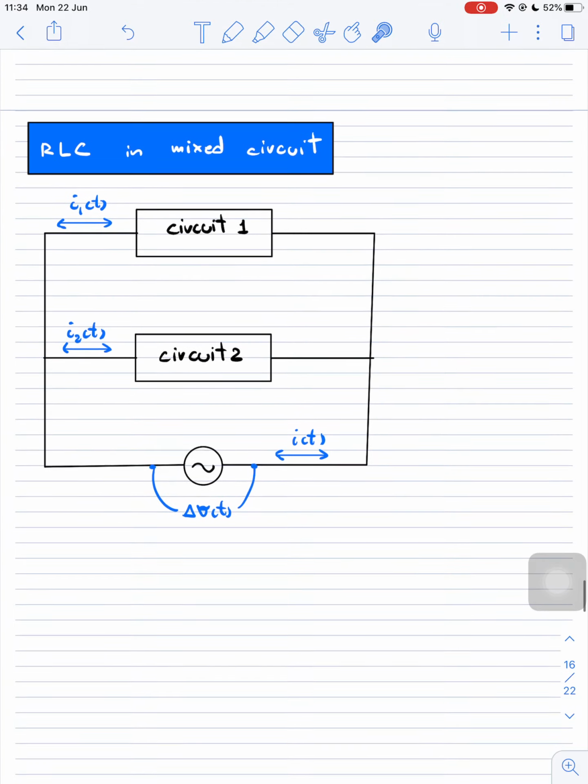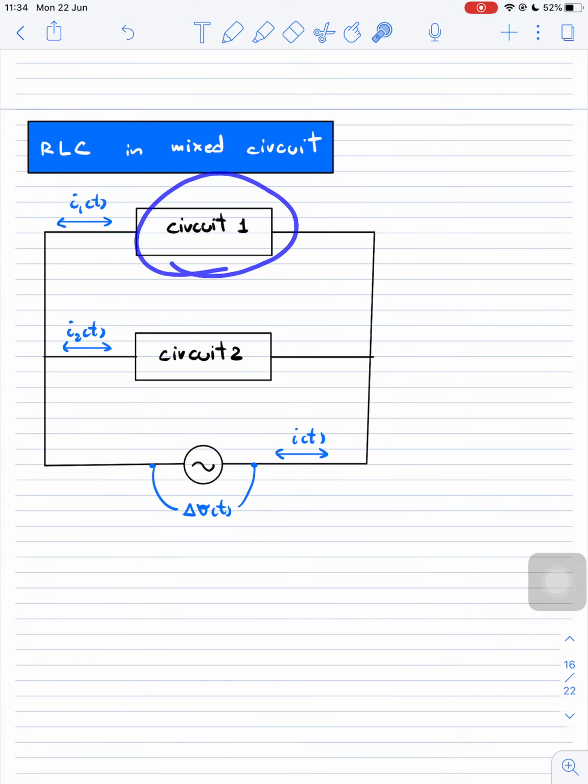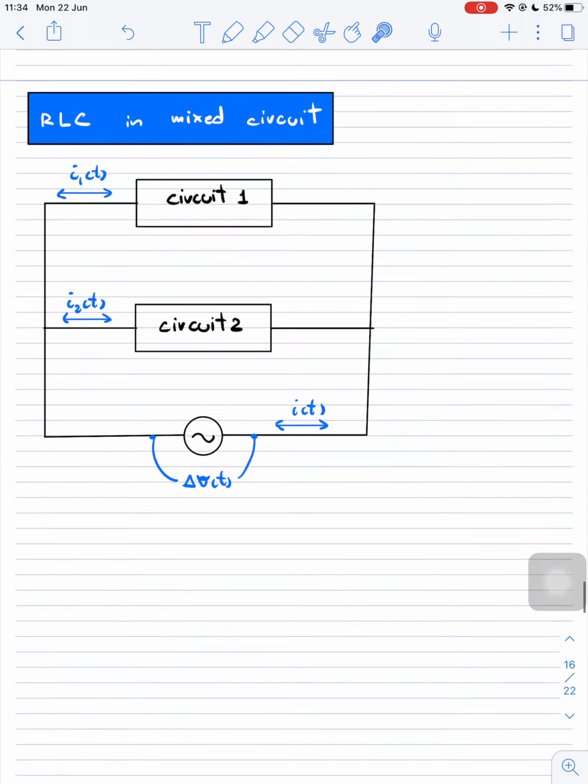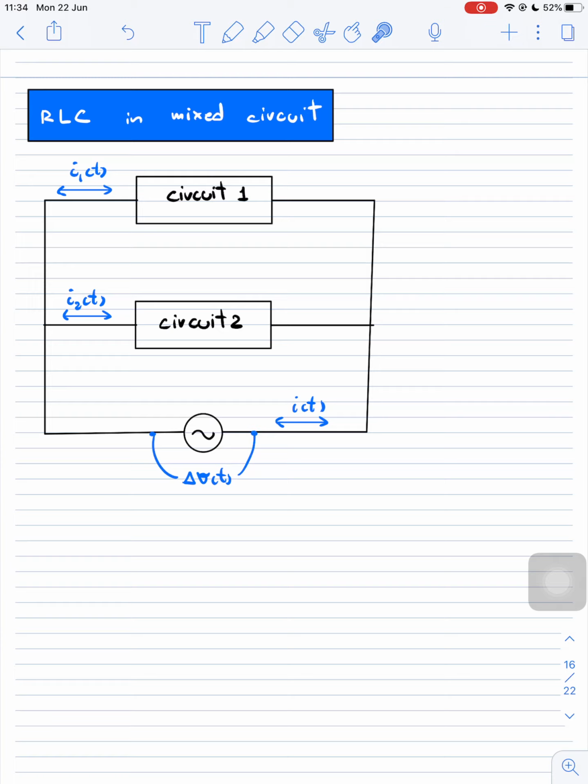Actually we can have circuit 1 and circuit 2 connected in series as well, but for this example I just want to give the idea of circuit 1 and circuit 2 connected in parallel to each other.